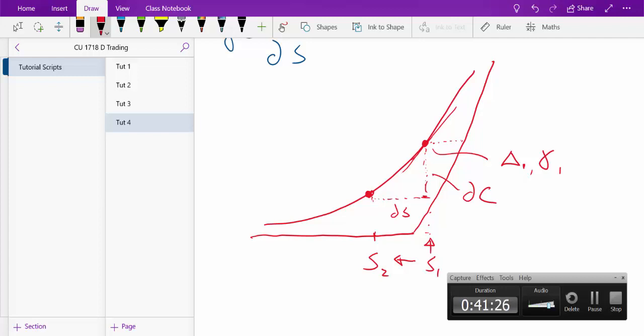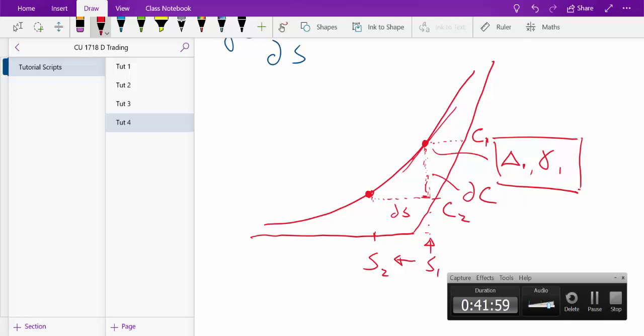And the point about this average delta business is that if I have these two parameters, I can calculate what the price change will be. Going from, let's say you call this C1, and then you call this C2, I can determine the difference between C1 and C2.